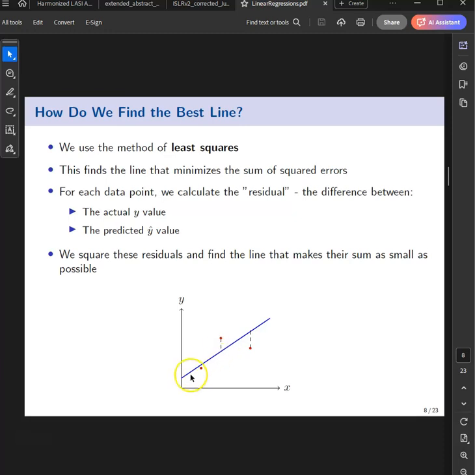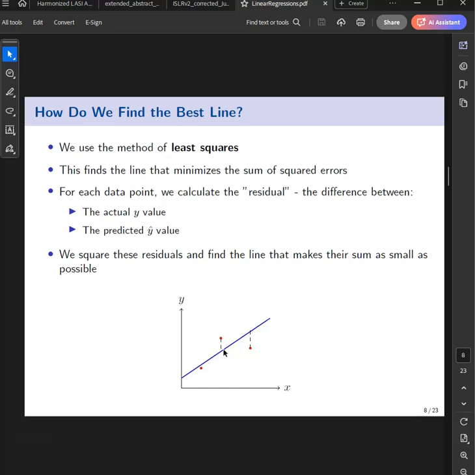So in this figure, as you can see, this is a line that we have fit, and there are 3 data points that we have. Some of the data points are closer, some are far off, and this vertical gap between each point and the line is what we call the residual.